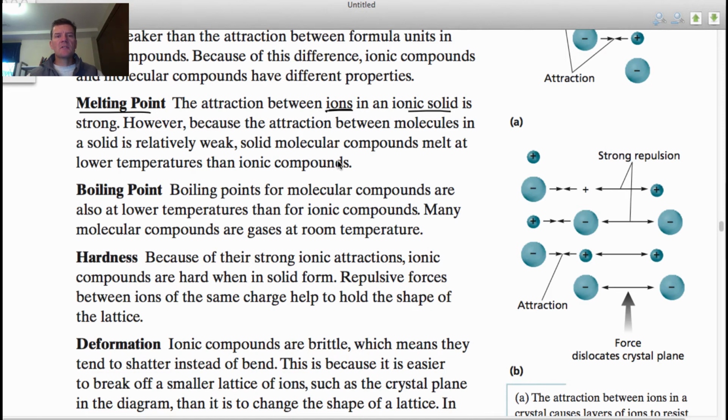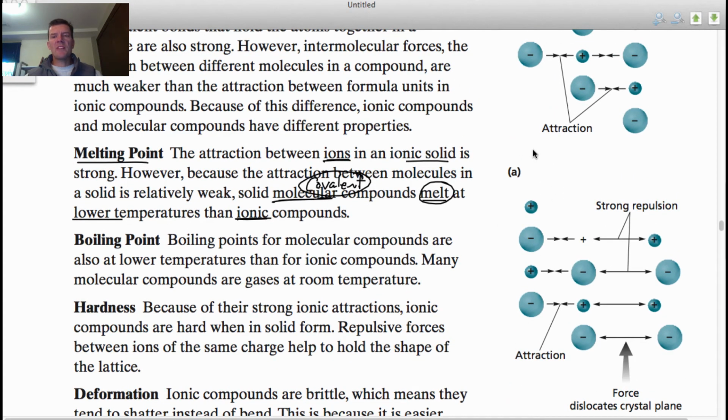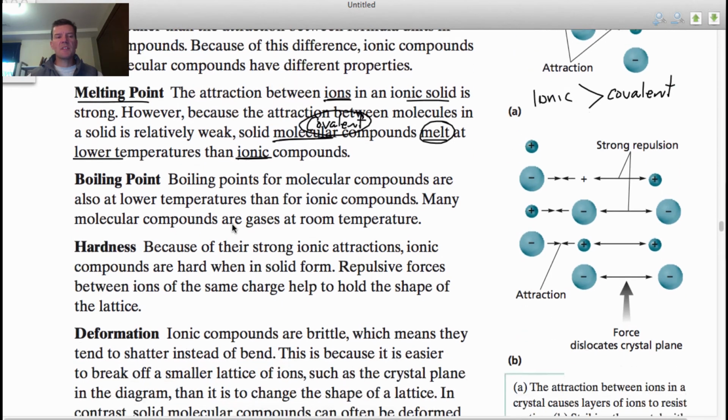Covalent, when you're sharing electrons, the bonds are not as strong as ionic, so covalent melts at lower temperatures than ionic. All of these properties are a result of ionic bonds being stronger than covalent. If you remember that, then all these other properties make sense.